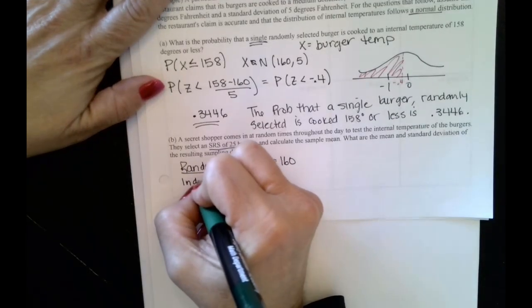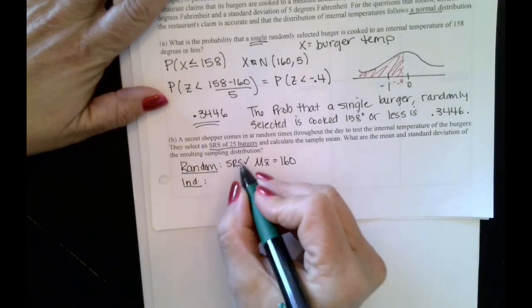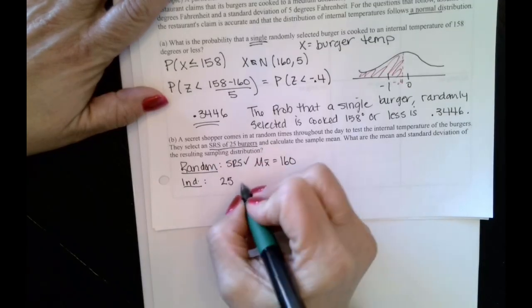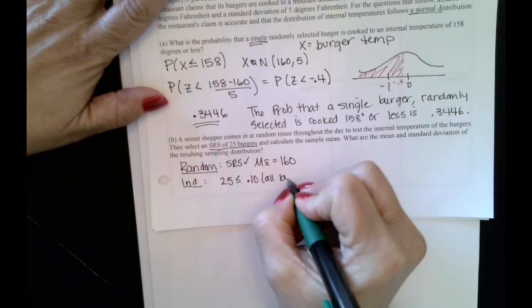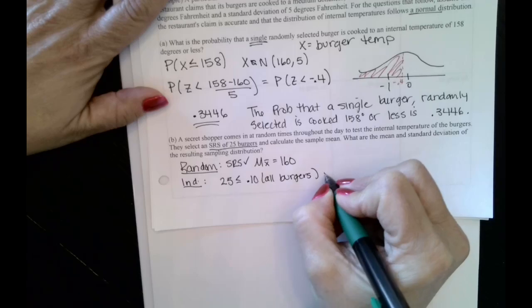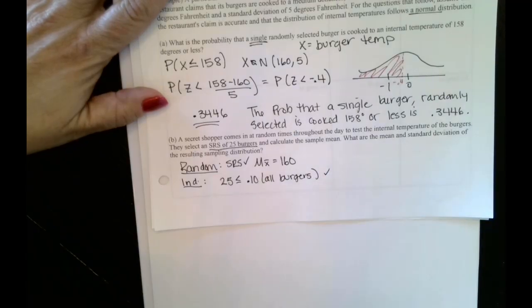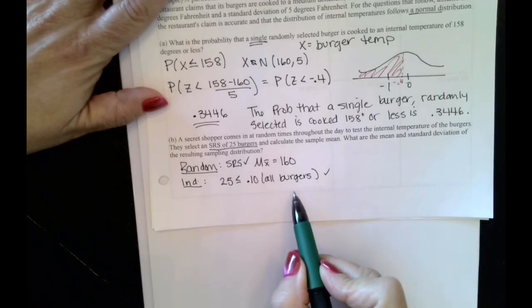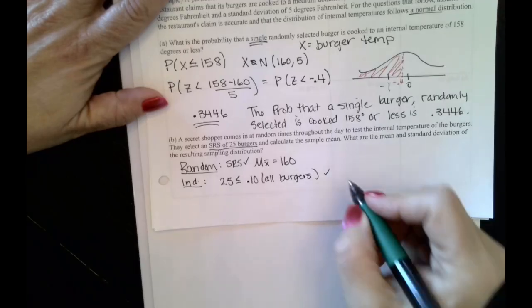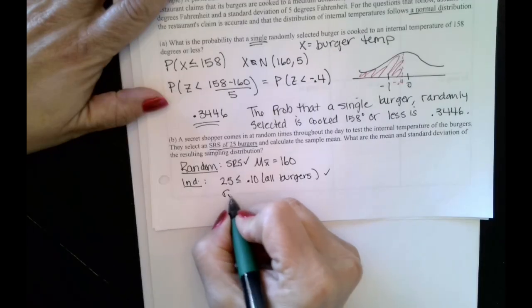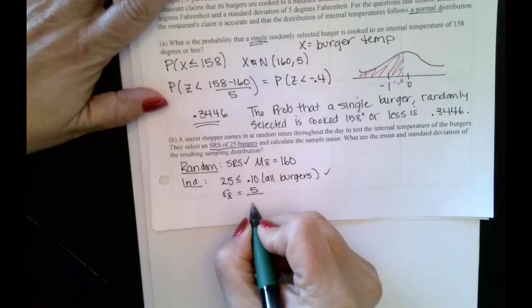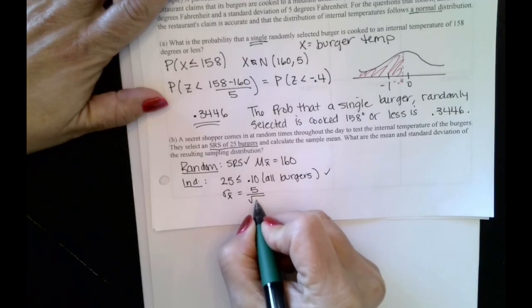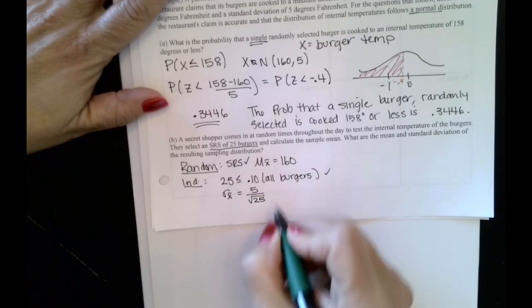Is this independent? We have 25 burgers, and that is going to be less than or equal to 10% of all burgers cooked. So we're going to assume that they cook more than 250 burgers, which, if it's a fast food restaurant, is probably pretty true. So now the standard deviation of the sample is going to be 5, my standard deviation, over the square root of my sample size, 25.